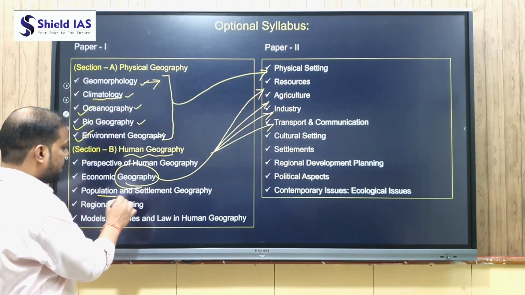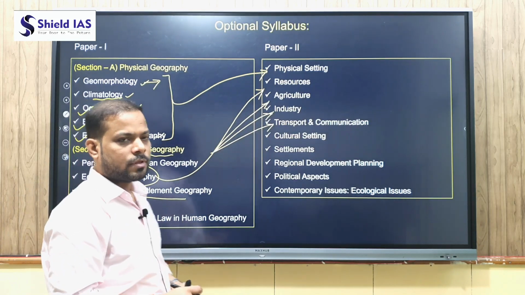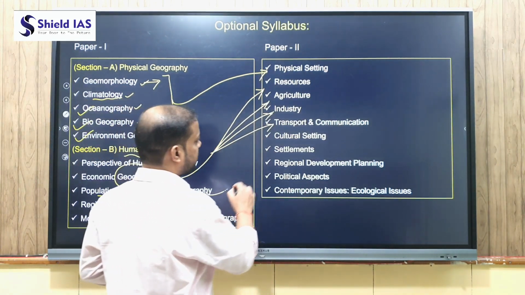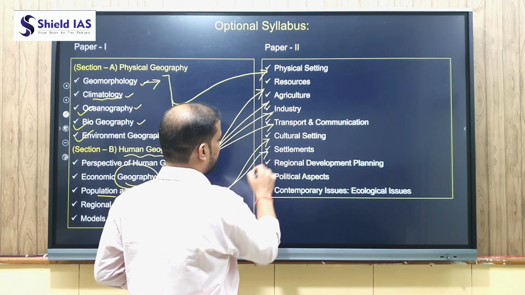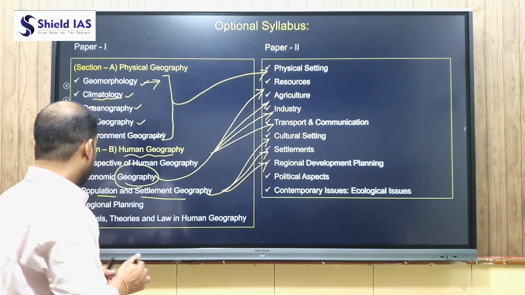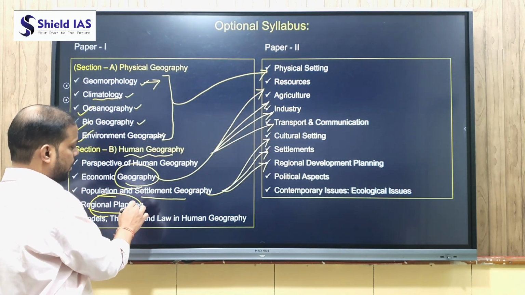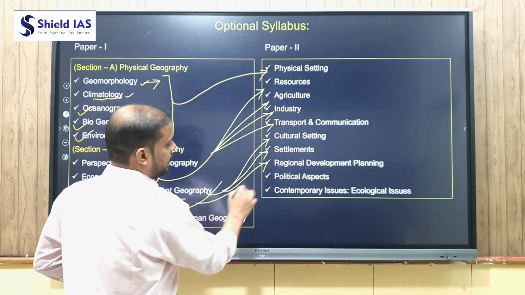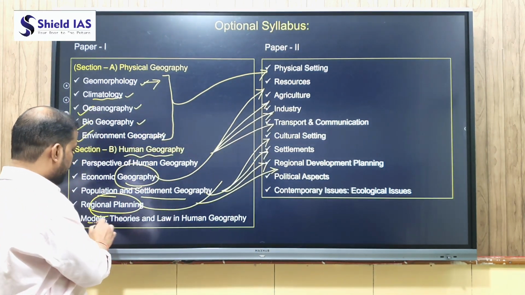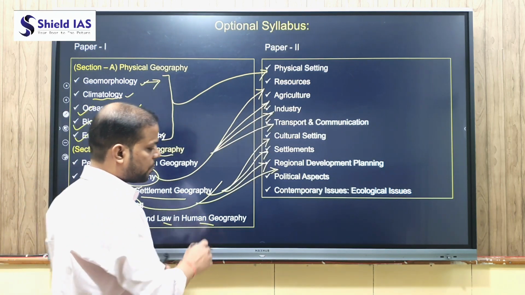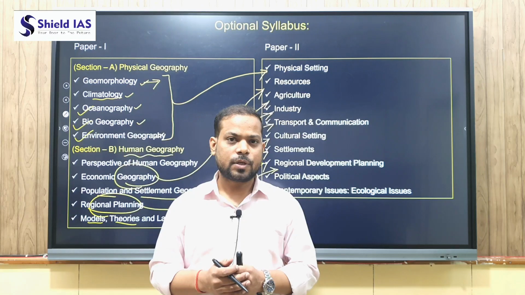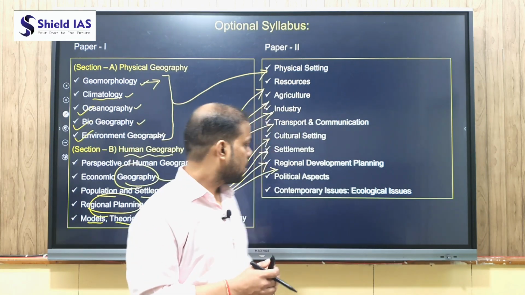And population and settlement geography is the theory and concept part. Again the application part will be discussed in cultural setting, settlement, regional planning, political aspects as well. And when we talk about regional planning, it can directly link with regional development. And there are models, theories and laws of human geography, like the Malthusian theory, Marxist theory, everything.